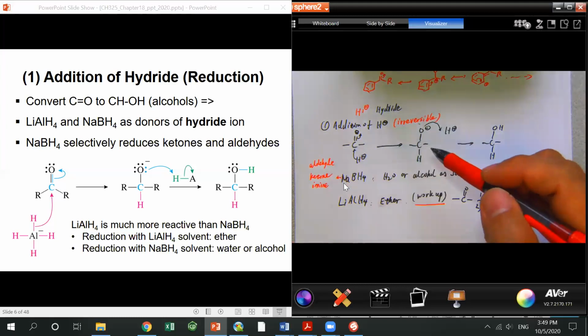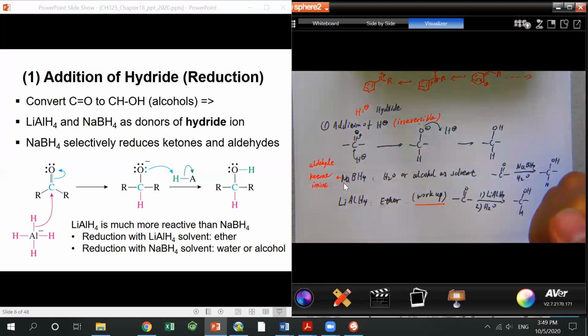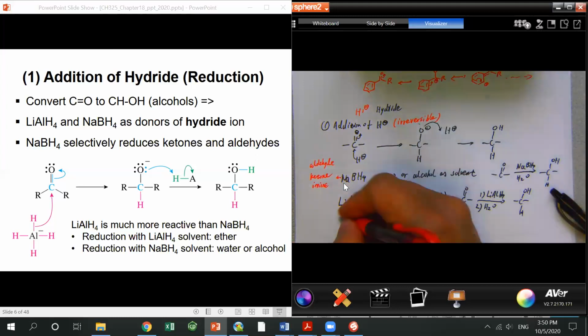But lithium aluminum hydride has much poorer selectivity, so not only these three: aldehyde, ketone and imine.